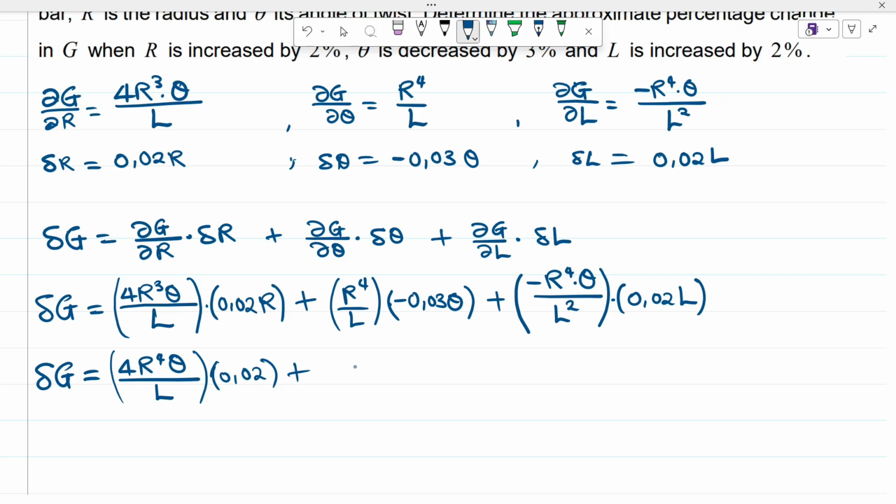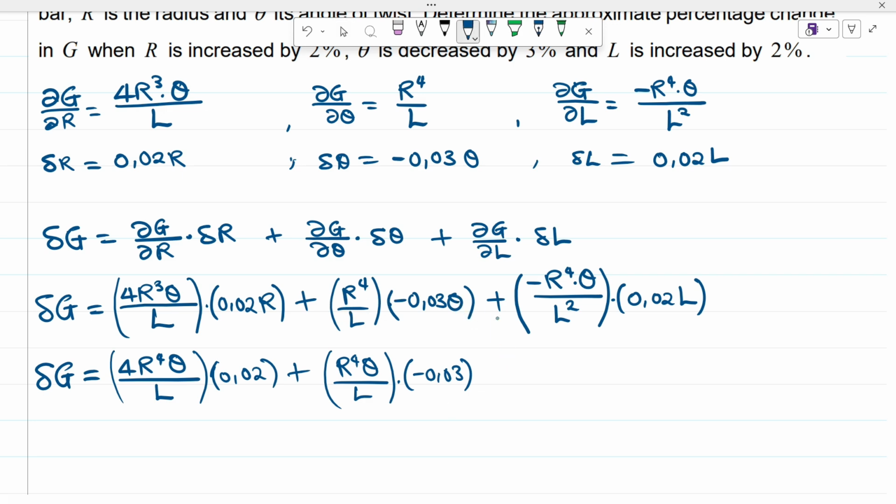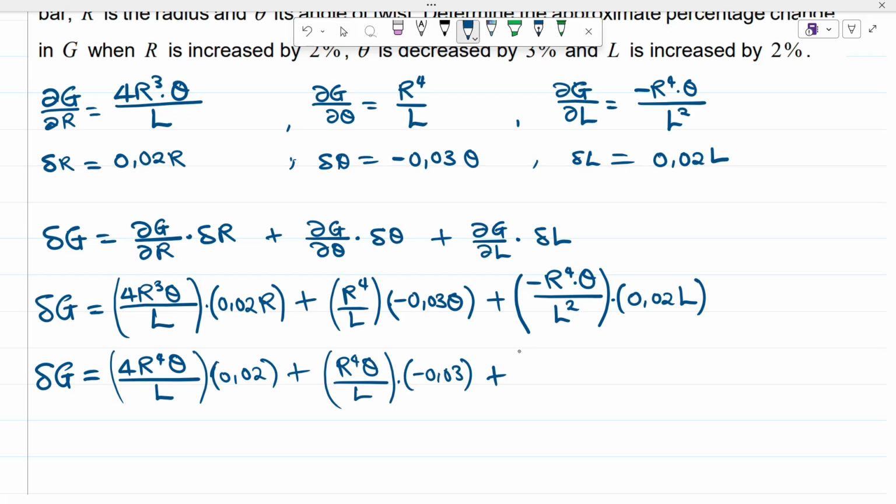I end up getting R to the power of 4 theta divided by L, and then negative 0.03. It's what is left after multiplying the theta with that thing, and then plus, now I multiply L with this thing, so 1 L will chop 1 L there. We'll just be left with negative R to the power of 4 theta divided by L multiplied by 0.02, just like that.